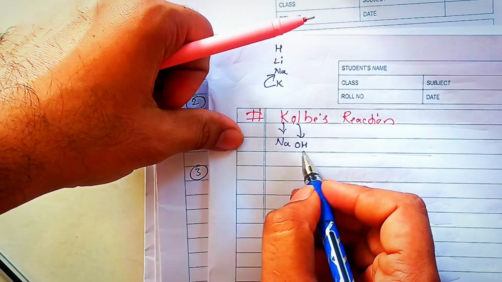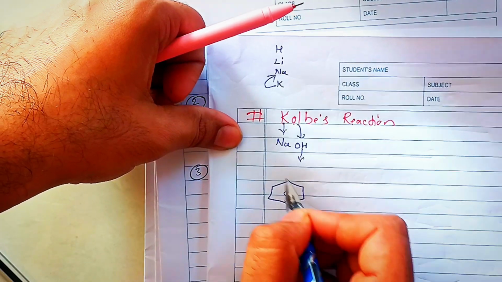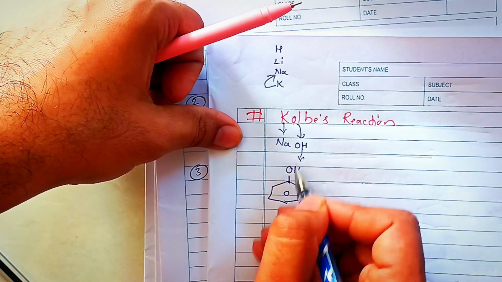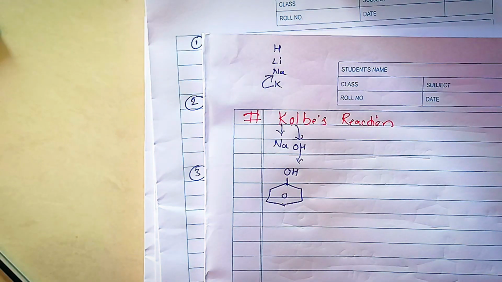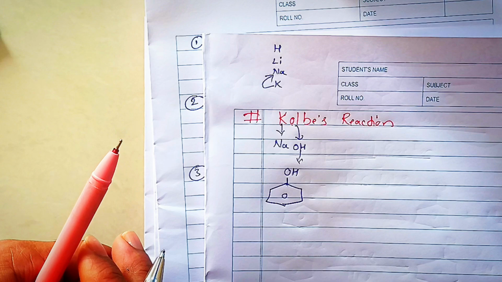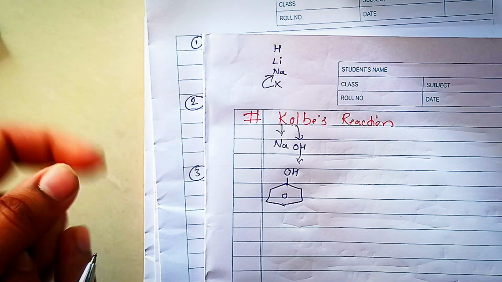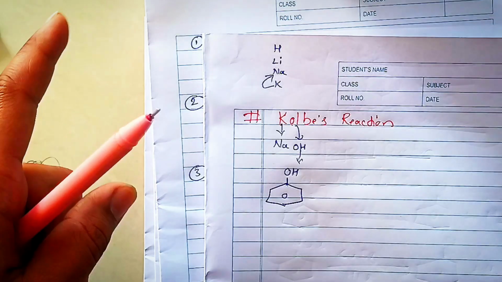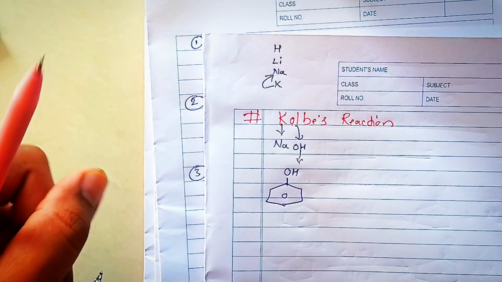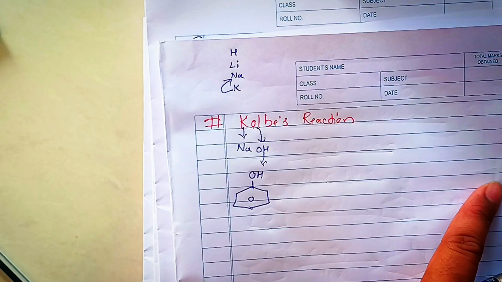So again I will write this only, right? Again I write the alcohol, meaning a phenol, right? So this is the reaction with phenol, not to prepare the phenol, right? In the cumene reaction we prepared the phenol, so in the product we will get the phenol.